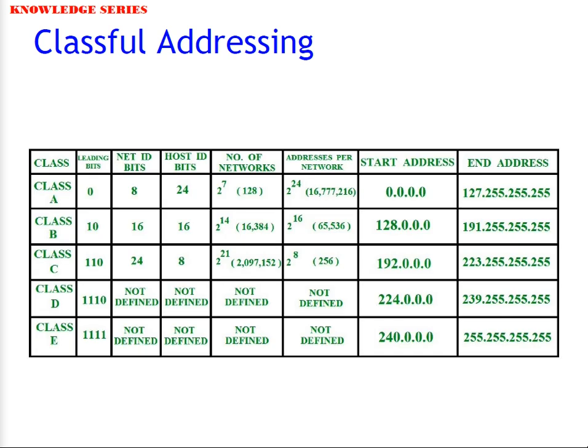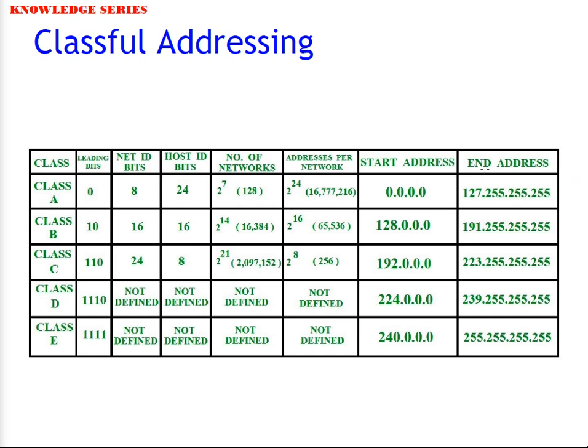Here you try to see this slide. It was shown earlier also. To understand that one, again see, in this table the class is shown, leading bit is shown, net ID is shown, host ID is shown, number of networks is there, the total number of host addresses of the network is there, starting address and end address.